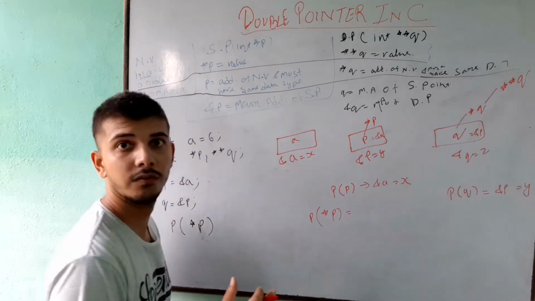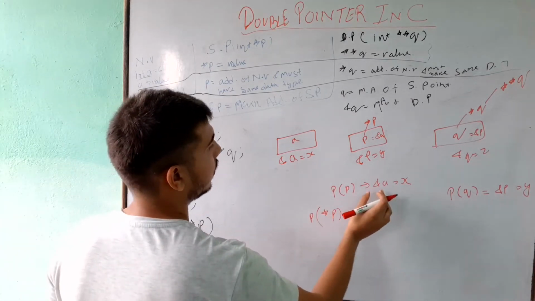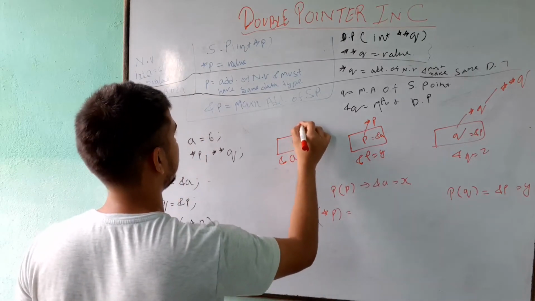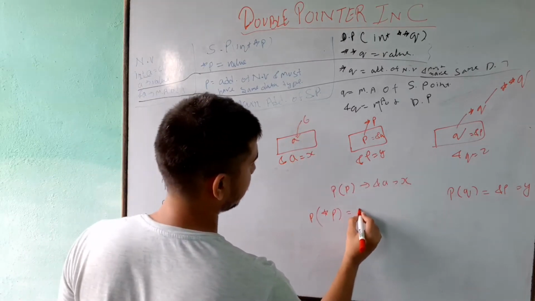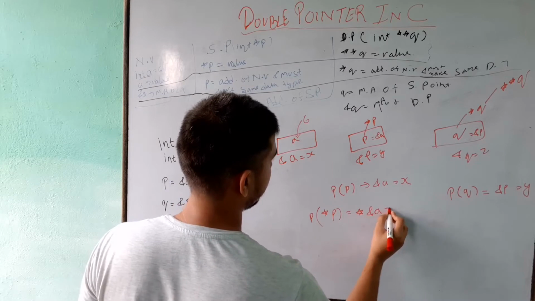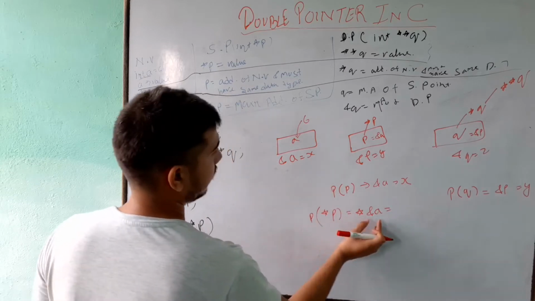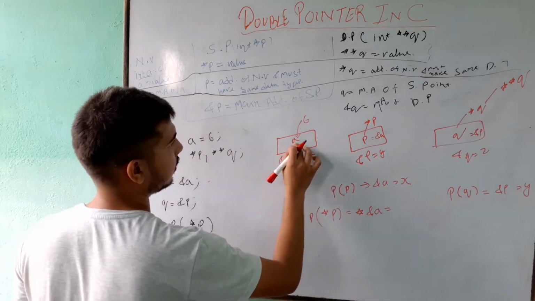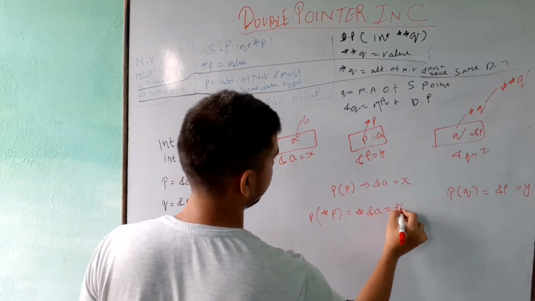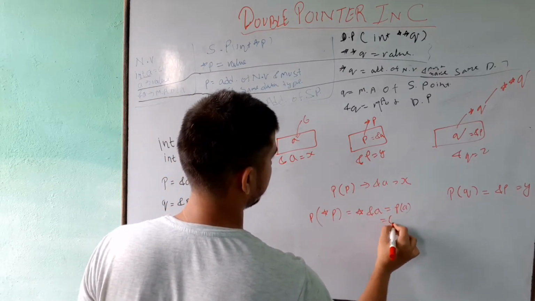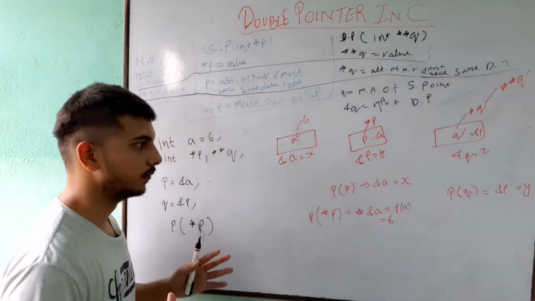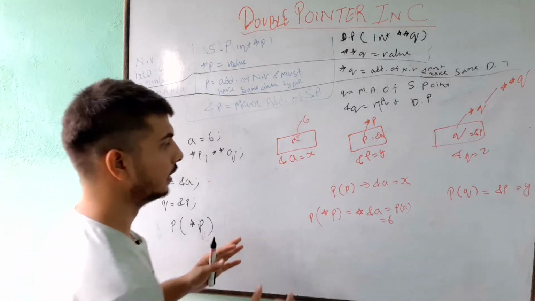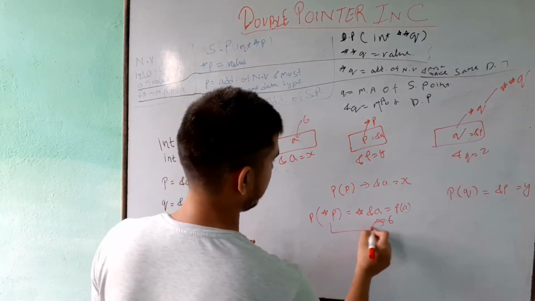Remember in the last video we talked about this same question. The value present in a is what now? 6. So it will give me the value present in that address. The value present is a, and printf of a will give me 6. I'm just expanding it, but in simple terms this will give me this.